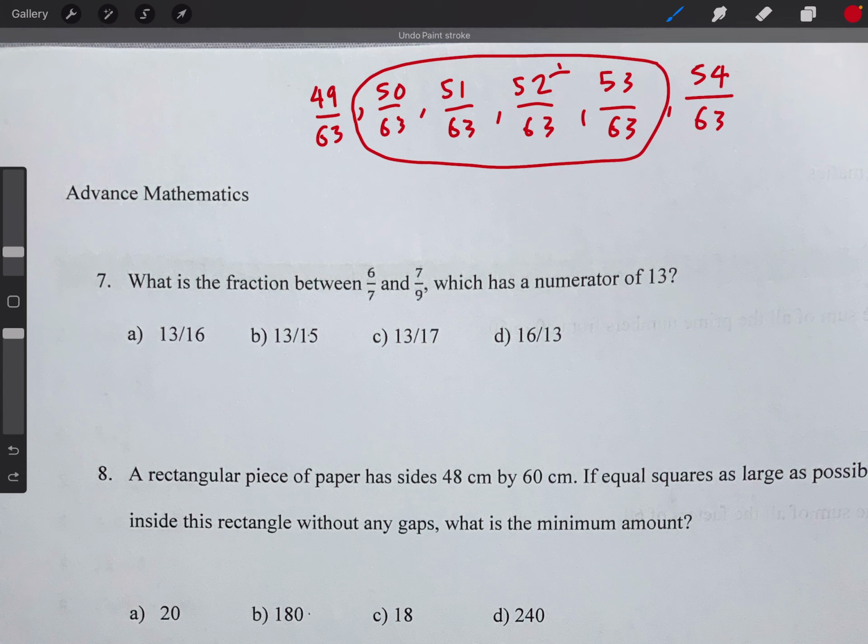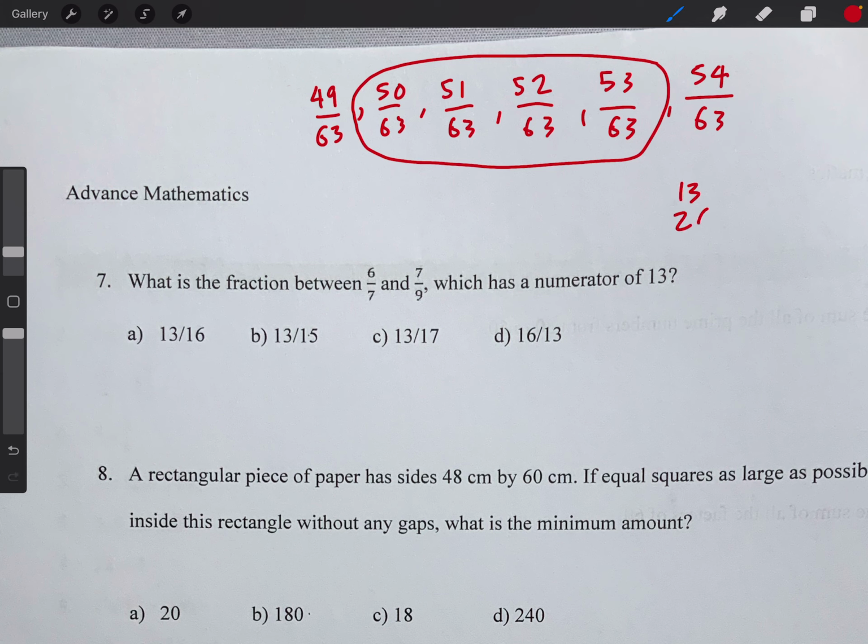So which one of these can be divided by 13? Well, let's have a look at the multiples of 13. You got 13, 26, 39, 52. So 52 is the one that can be divided by 13, because you want a numerator of 13.